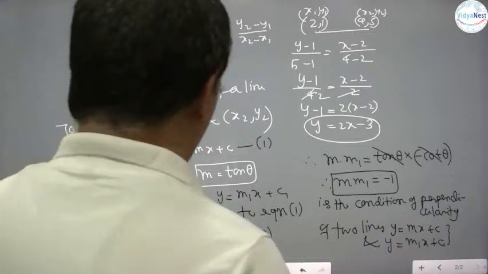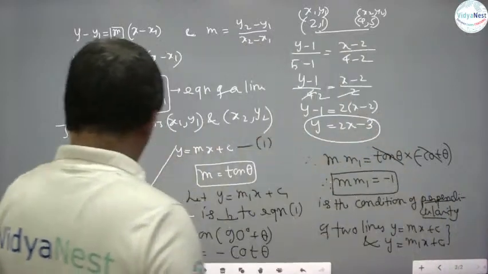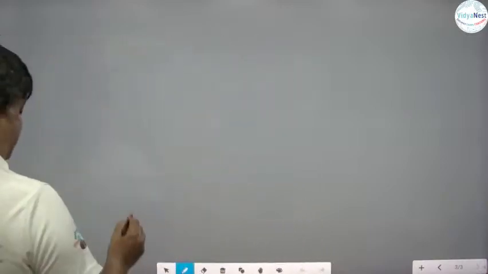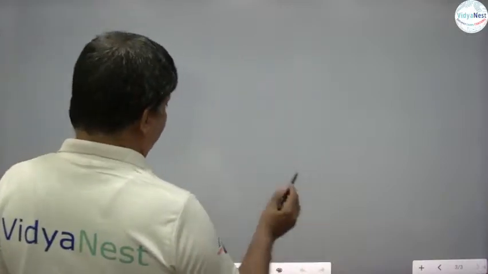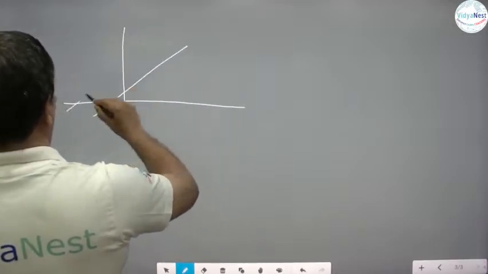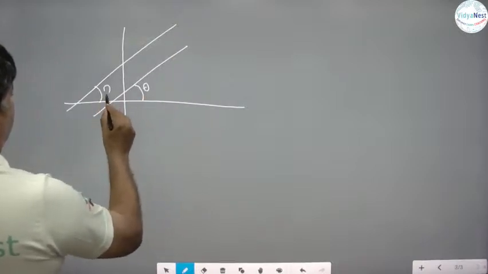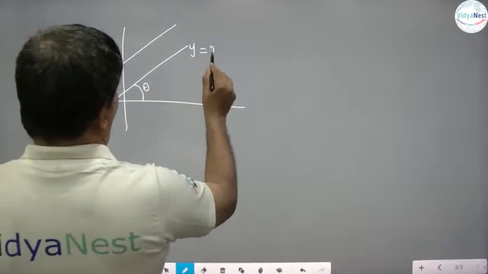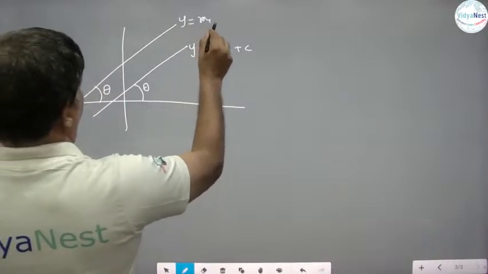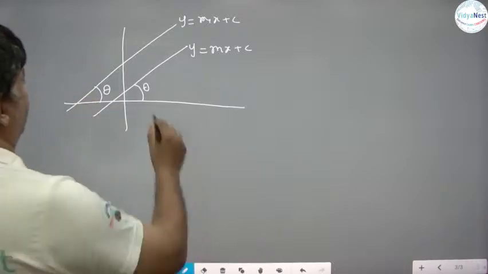Now, what is the condition of perpendicularity? What is the condition of parallelism? Suppose two lines are parallel. This is theta, this is also theta. y = mx + c, y = m1x + c1.